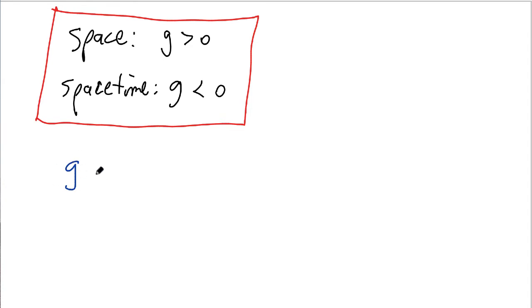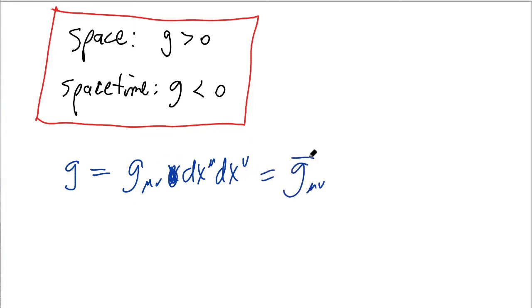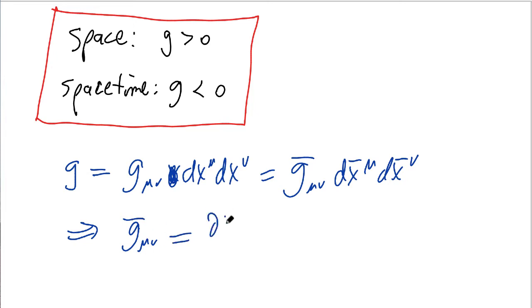So here's the metric tensor, not the determinant. We can expand it in some coordinates x^mu with coefficients g_mu nu, and we can expand it in another coordinate system x bar^mu with components g bar_mu nu. Then by writing x bar in terms of x and expanding out these differentials, we find that the components in the barred coordinate system are related to the components in the unbarred coordinate system by an expression like the following.